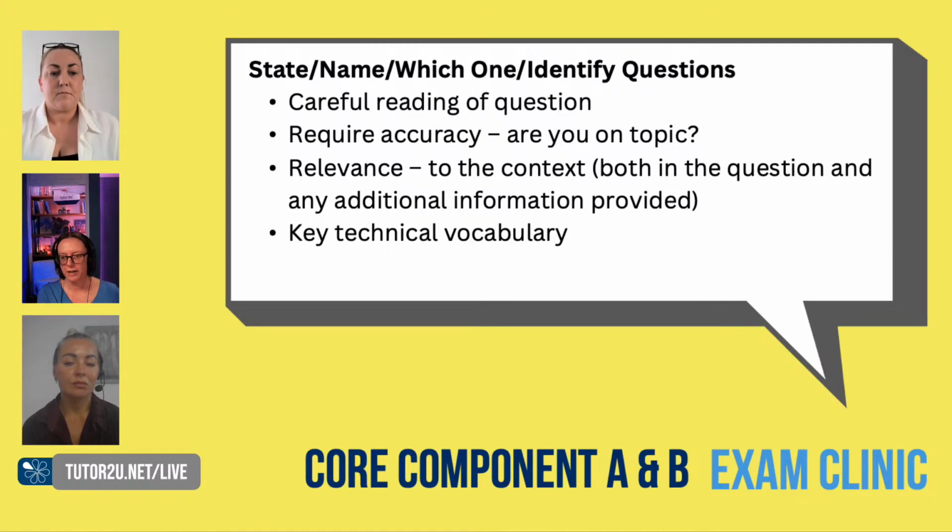And then on paper B, I know there are fewer contexts and case studies. They tend to be for the longer answer questions. But then the difference in paper B is that you may have graphs and data to look at. We've got something about that in a moment.